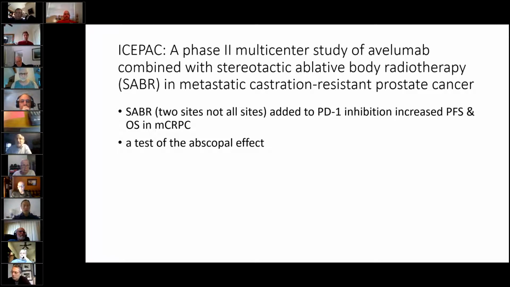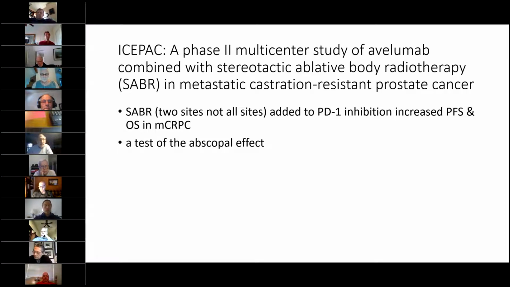The patients had lots of metastases, but they only radiated 2 sites in addition to the PD-1 inhibition. But it seemed to increase progression-free survival and overall survival. So to me, this would be a test of what we've been hearing about, called the abscopal effect, the idea that even just radiating 2 nodes, not every node, seemed to increase the efficacy of immunotherapy. So it's a trial where we could see what happens in the future.